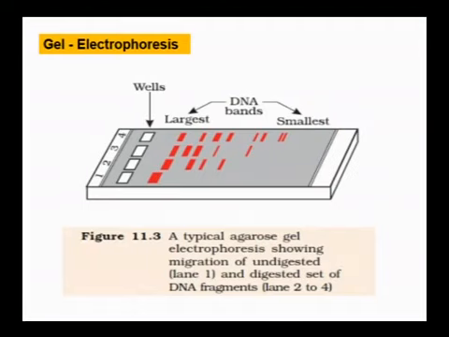Based on size, these DNA fragments move towards the anode, the positive electrode, since DNA is net negatively charged. The smaller the size, the faster and further they move; the larger the size, the slower they move and the closer they stay to the wells. By this we can separate our gene of interest through electrophoresis.